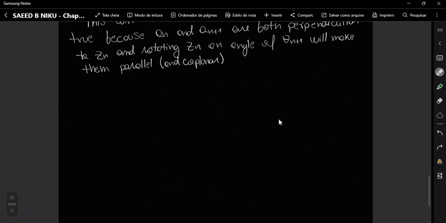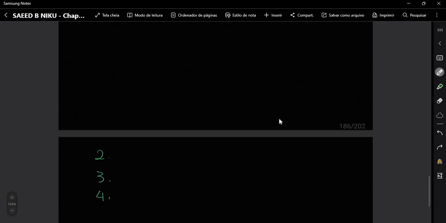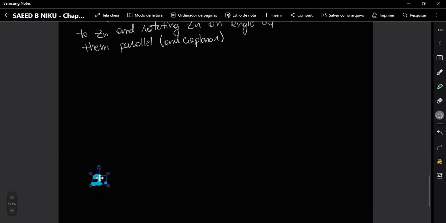Okay, and if you don't remember, these are perpendicular lines, and these are parallel.